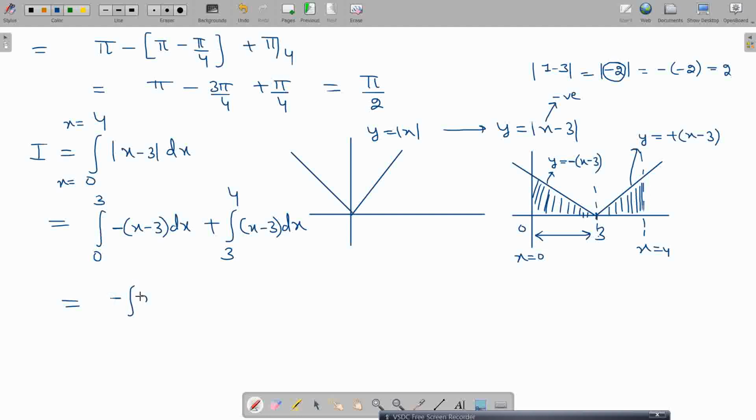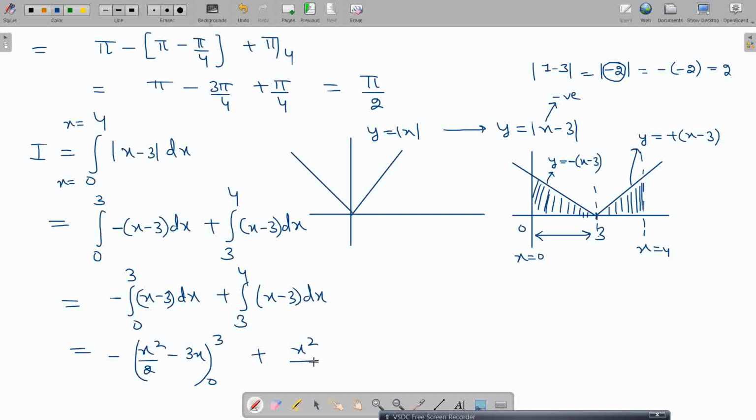Minus of x minus 3 dx from 0 to 3, then plus the integration from 3 to 4 of x minus 3 dx, and this will equal x square over 2 minus 3x, with a negative sign here, from 0 to 3, plus again x square over 2 minus 3x from 3 to 4, right?